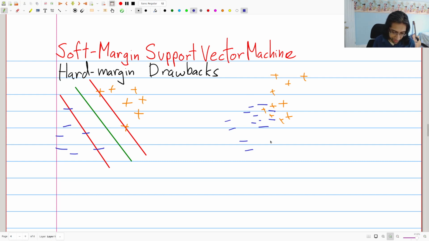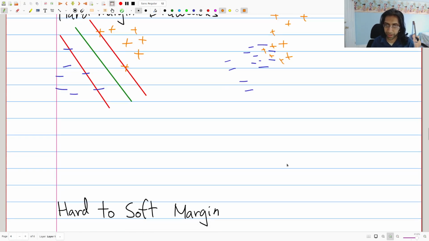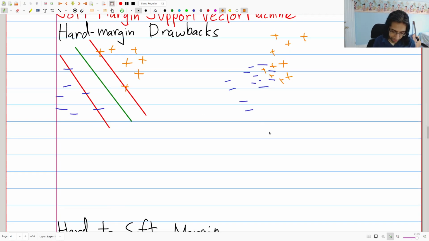Another undesirable quality is this: suppose we had a problem like this, where we had a lot of points over here, and then we had some points which are over here. That's nice because it's very well separated. We would find something in the middle over here, but what if we just had one point way over here?